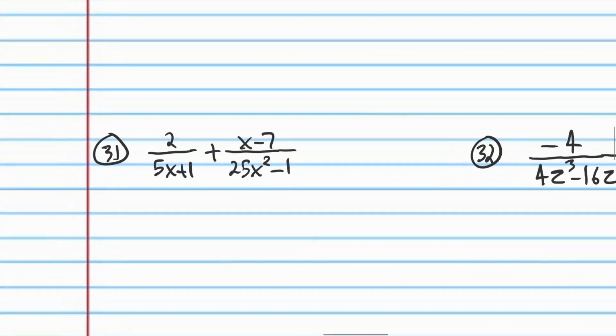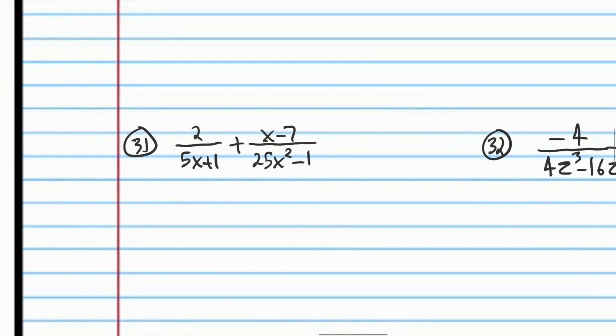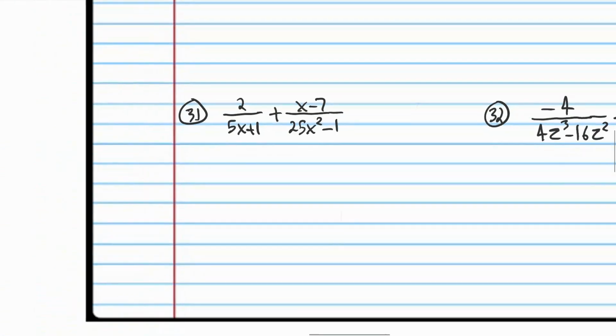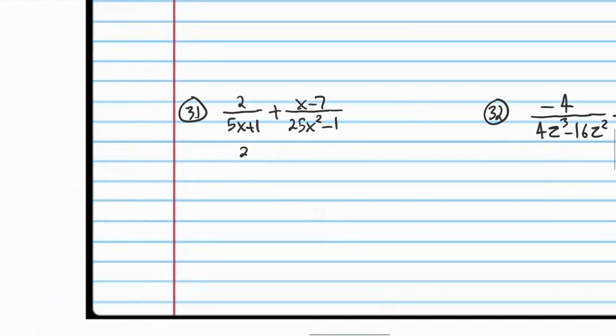So 31 is going to be a standard problem. Let's see if you can do it on your own, and when you come back, we'll do it together. All right, we're back. Again, this is the difference of two squares.